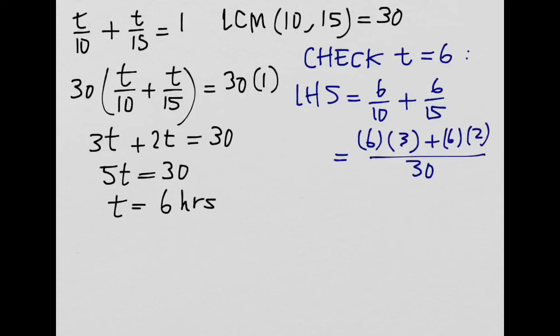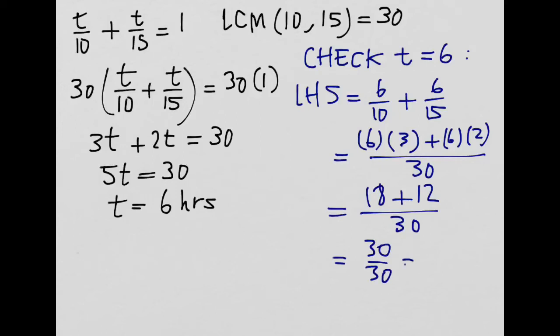This is what happens when you take the least common denominator, 30. That's 18 plus 12 over 30. That's 30/30, which is 1. And that's equal to the right-hand side of the equation. So we conclude that T equals 6 hours is the time it takes for both John and Tom to finish the trim. Another work-related problem.